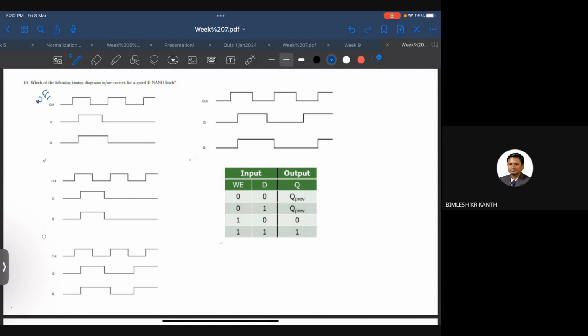Maybe, like, we can also refer to it as the clock. It may be multiple choice also, like MSQ.